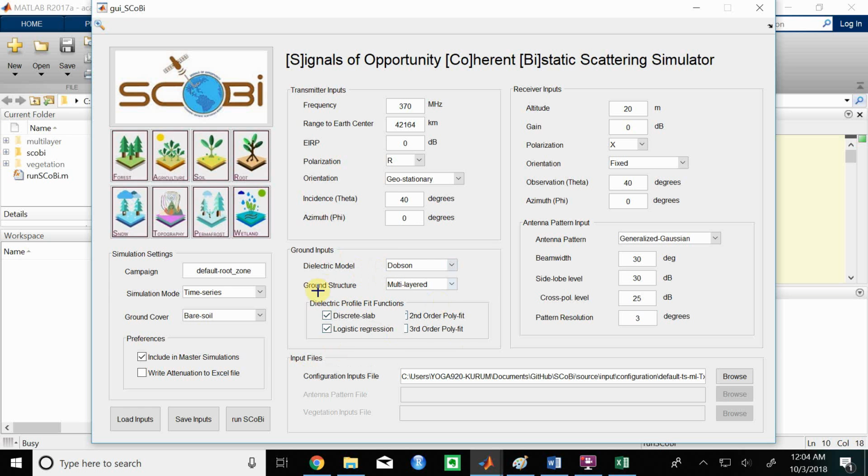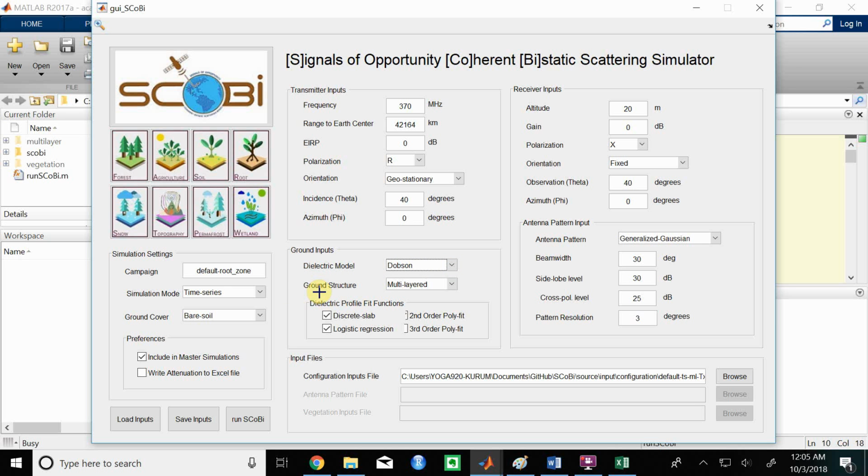Okay, so this is also important. Again, choose whatever dielectric function that you prefer to calculate your soil moisture dielectric.